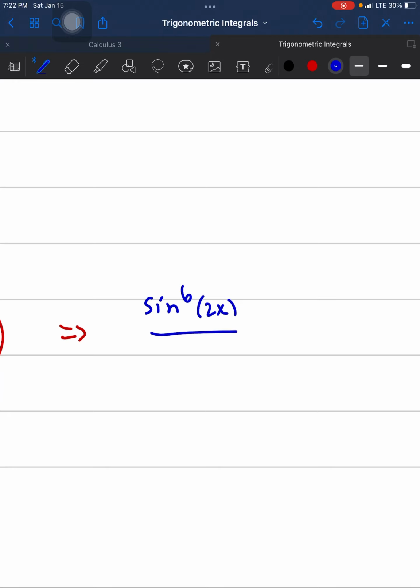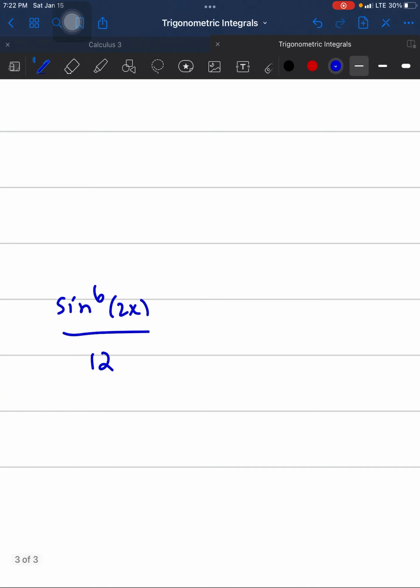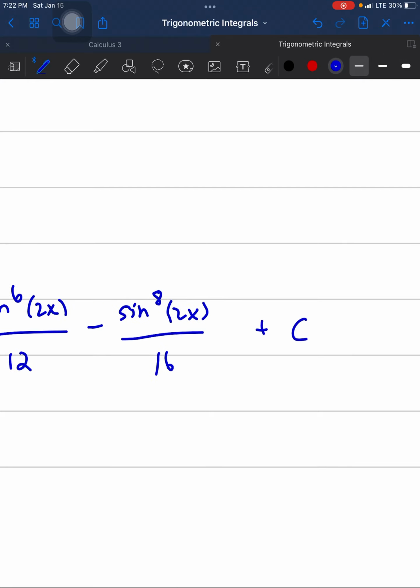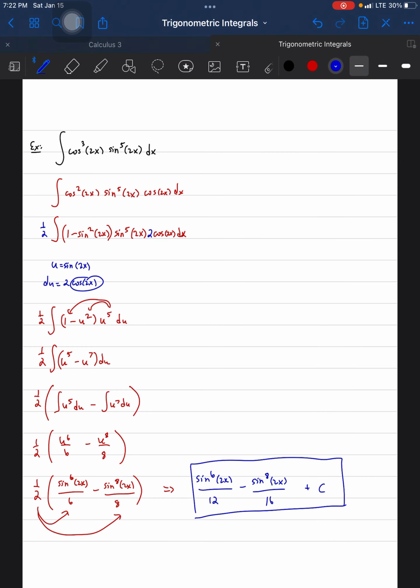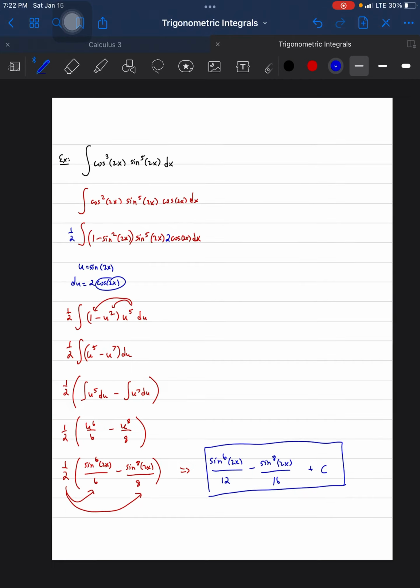And we get the final answer of sine to the 6th 2x over 12 minus sine to the 8th 2x over 16 plus C. Remember that plus C, this is an indefinite integral. And there you go. That is our final answer using trig integrals.